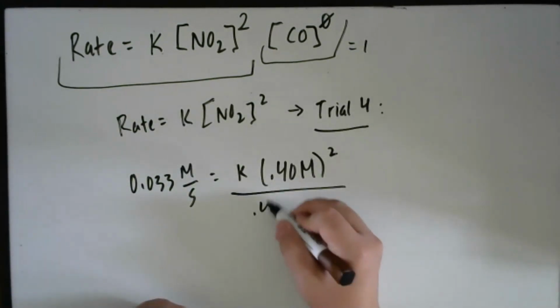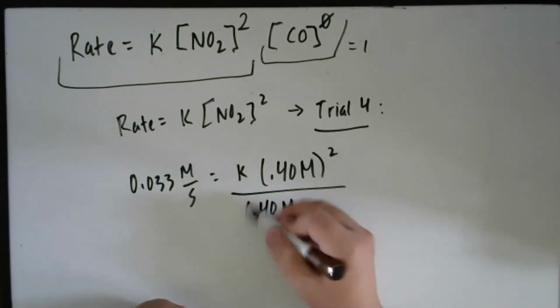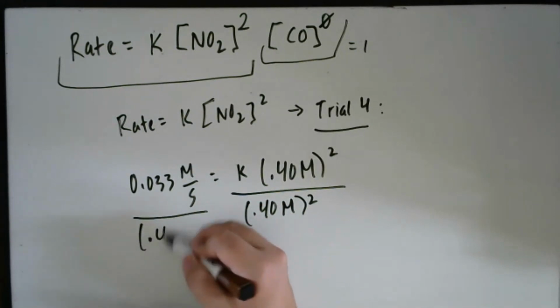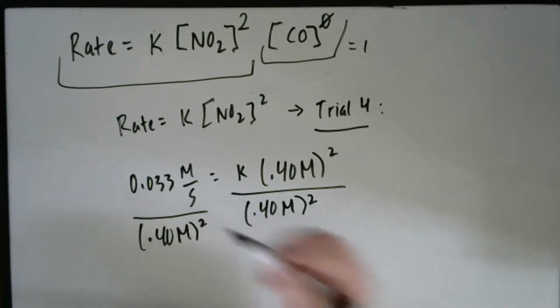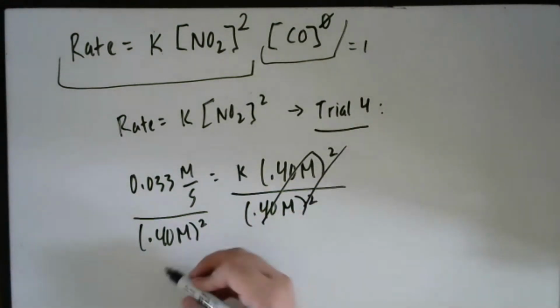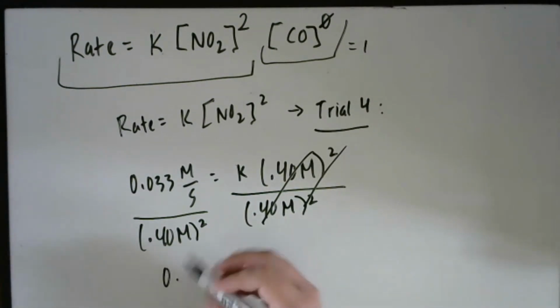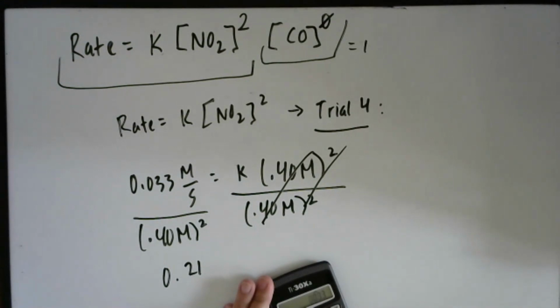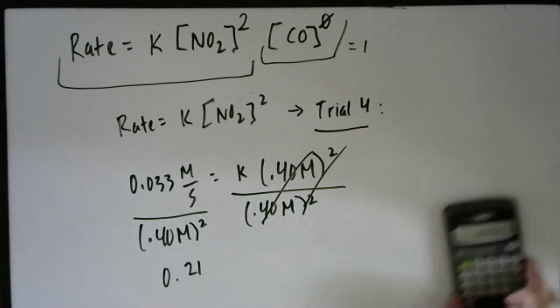We'll divide both sides by 0.40 molar squared, and we get a value of 0.21.